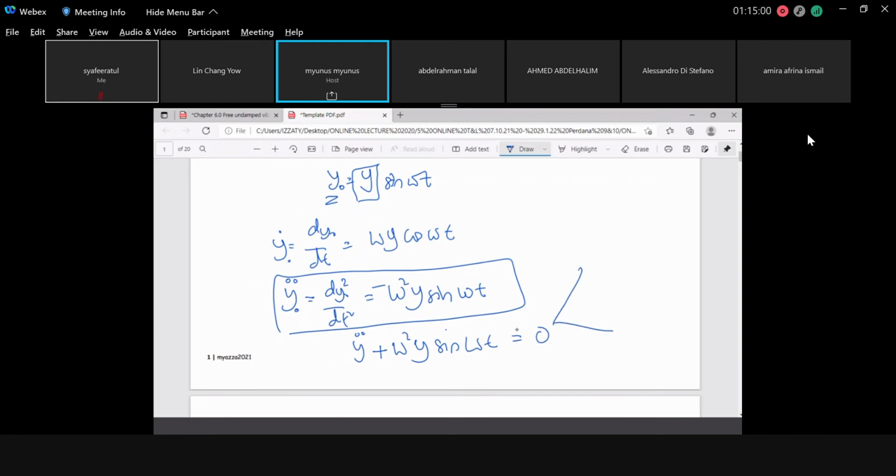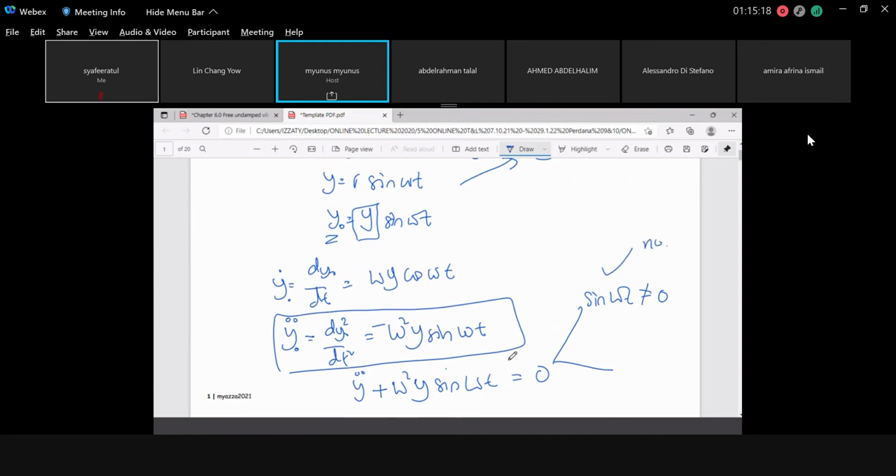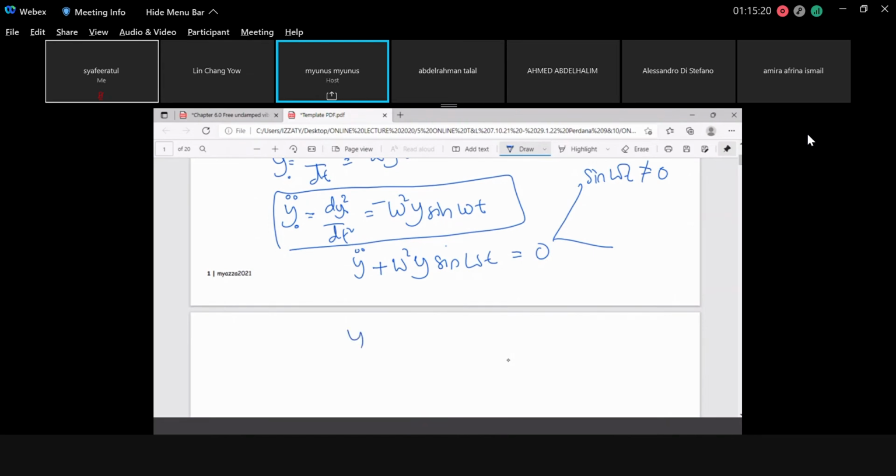The solution tells you that sine omega t cannot be 0. Why? If this becomes 0, there is no oscillation. So when you simplify the equation, it becomes y double dot plus omega squared y equal to 0.